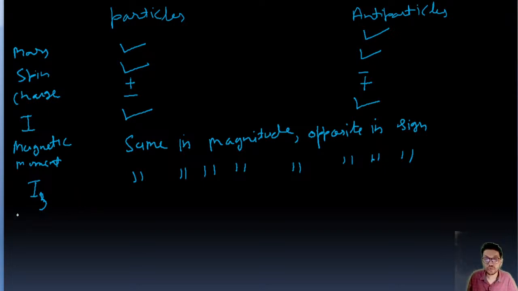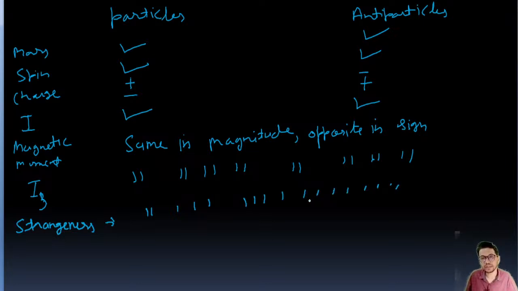If you talk about strangeness, it is going to be the same in magnitude for a particle and antiparticle. Strangeness is going to be a very important thing, guys. It is the same in magnitude, but their sign will be opposite.